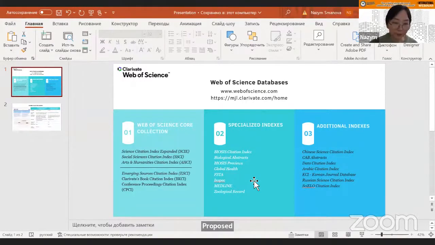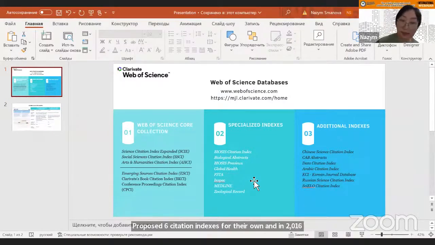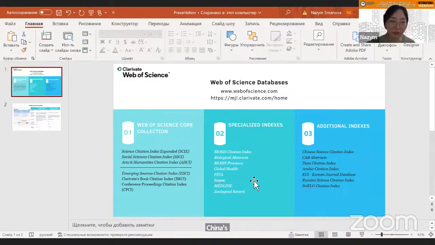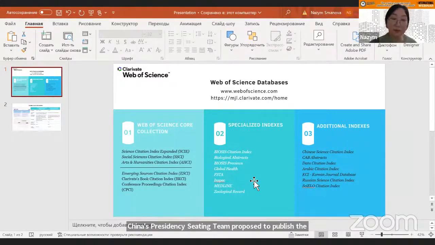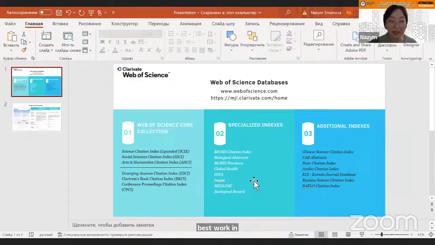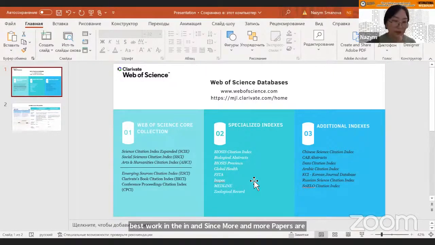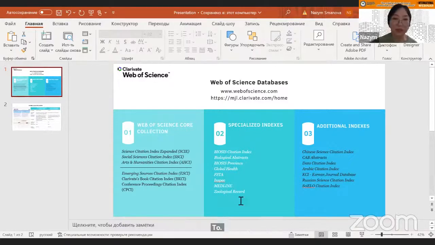And in 2016, China's President Xi Jinping proposed to publish the best work in the motherland to benefit local society. And since then, more and more papers are being published in Chinese domestic journals to promote evaluation of the research level of Chinese researchers and academics.